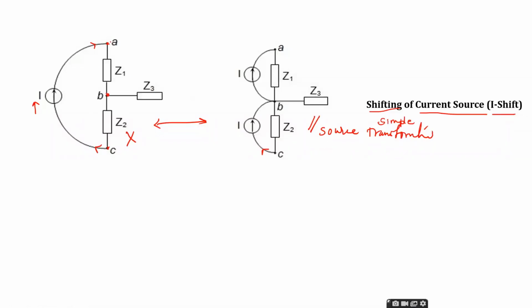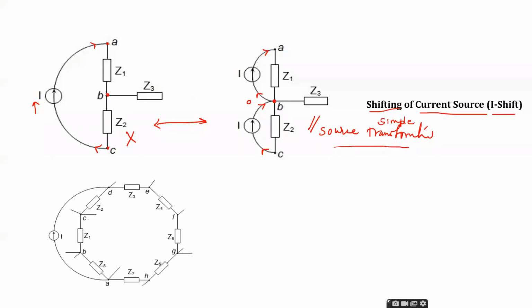The current I is entering the node A. Instead of one source, two sources are used here. At node B, I current is coming and going, so the net current at node B is 0 because of these two sources. Because of this slight modification to the network, we can apply source transformation to reduce the complex network into its simple form. All right.